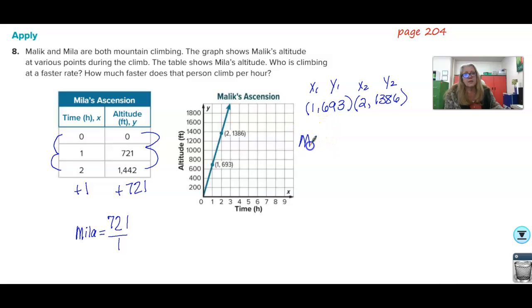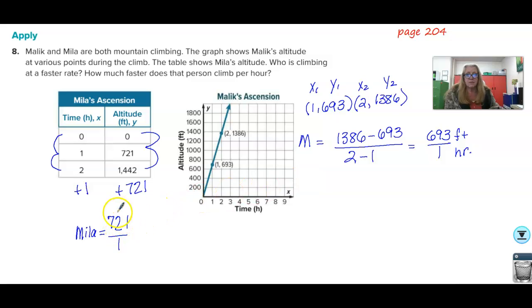Slope is second y minus the first y over second x minus the first x. So when you reduce this, you're going to get 693 over 1, which means Malik is doing 693 feet per hour.